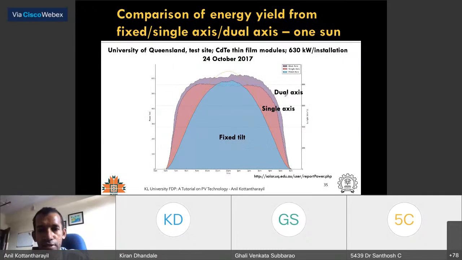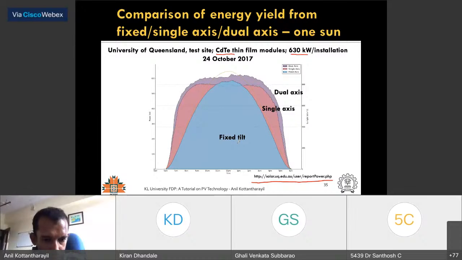Okay, but even without concentration you can get more energy. This is an example from a real installation. You can go to this website, very nice. You can download a lot of data and do some analysis. So I downloaded the data. They have cadmium telluride thin film modules, 630 kilowatt peak installations for this year.